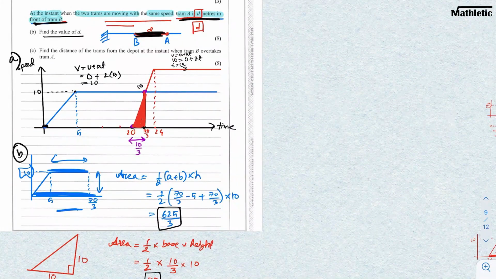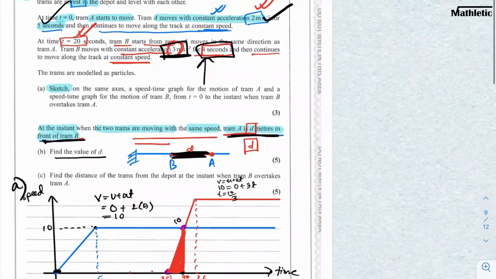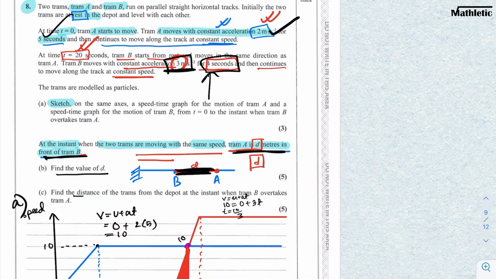Part A was this speed time graph. Next we need to find the distance of the tram at the instant when B overtakes tram A. Overtaking means they are at the same position and at the same instant, so time and distance should be the same.